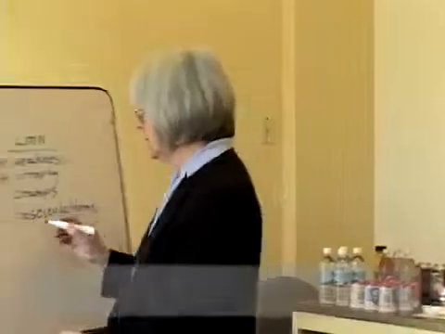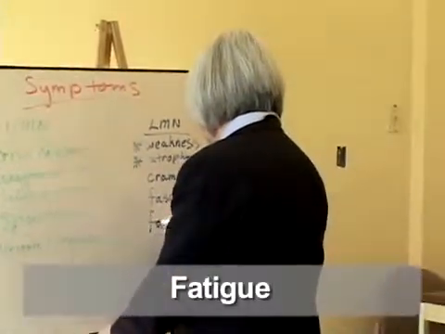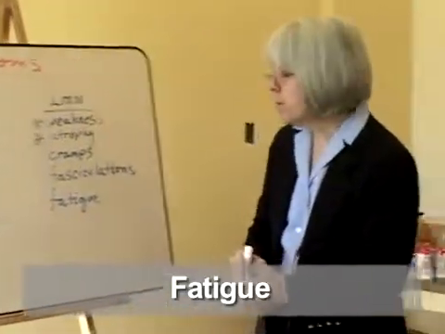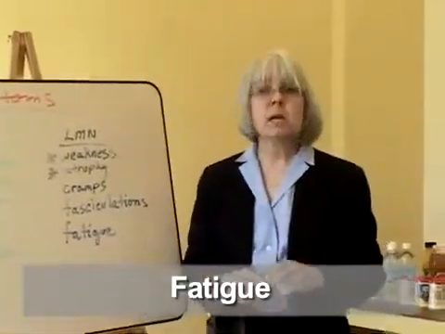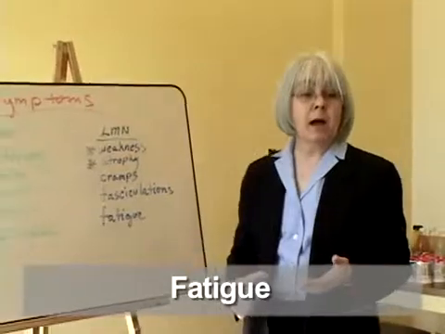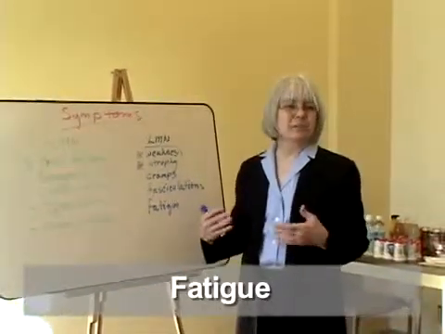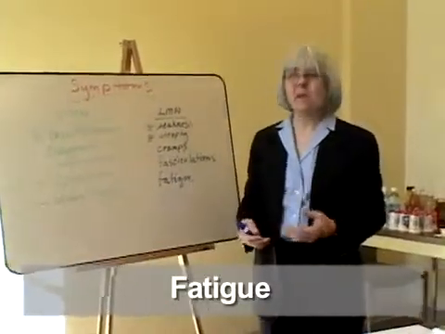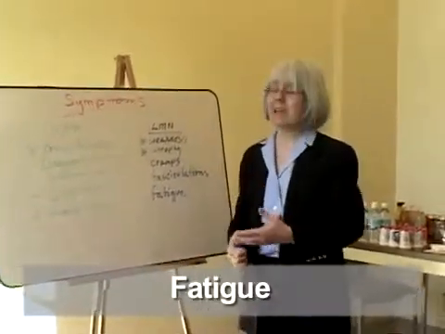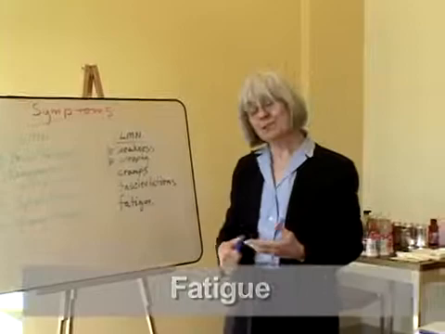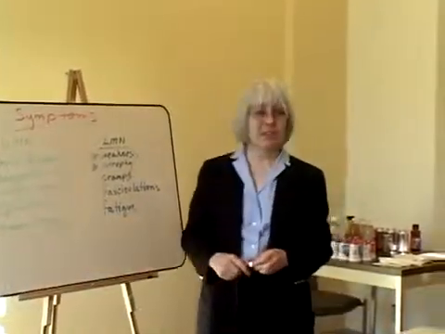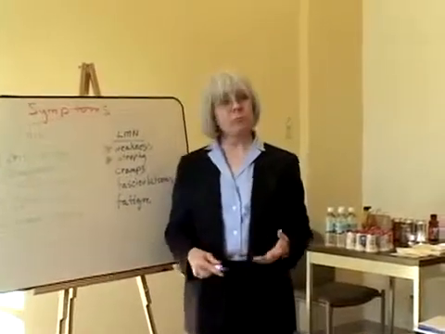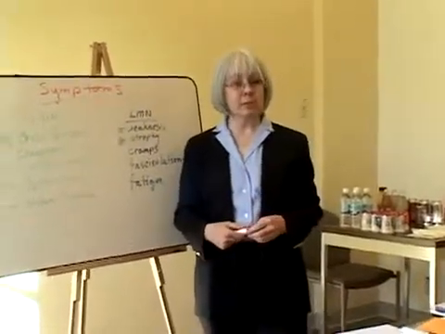And then fatigue. Now, why do people get fatigued? In a normal day, I might use 10 or 15% of my muscle ability. If I would go out and run a marathon, which I can't physically do, but if I were to try, I would be using 100% of my muscle ability. But in a normal day, we use very little of our muscle ability.